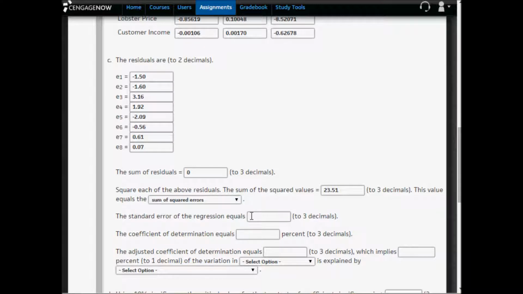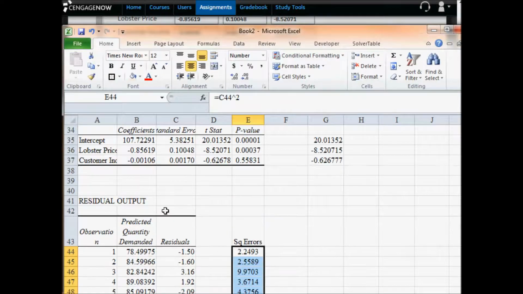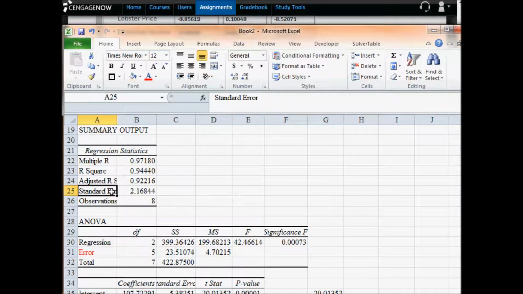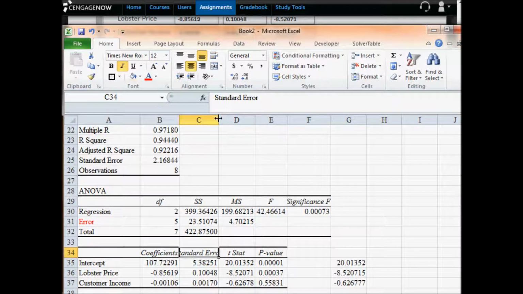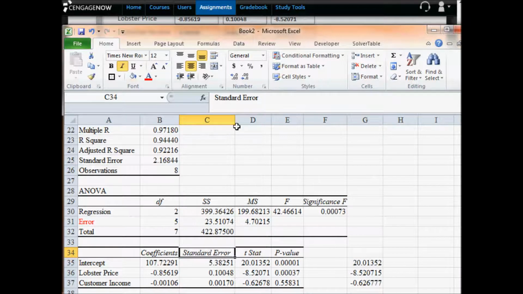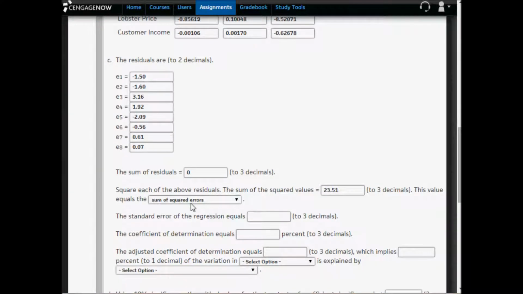Now, the standard error of the regression is from the regression output table. Excel has standard error in two different places. It has standard error here, and it has standard error down in our coefficient table. This is the standard error of the intercept, the standard error of the first coefficient, and the standard error of the second coefficient. This refers to the standard error of the regression. So we're going to paste that right there. And we only need 3 decimals, right?